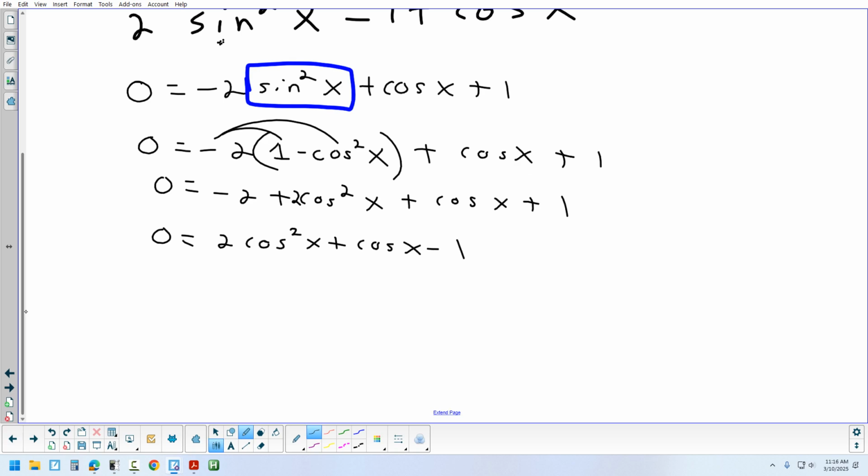Not every problem is going to be factorable, but I will tell you this one is. If you have trouble factoring it because the trig is confusing, then off to the side you can think of it as 2x squared plus x minus 1. But let's see if we can factor it with the trig. What would be my first term in each parenthesis? 2 cosine and cosine, like a 2x and an x.